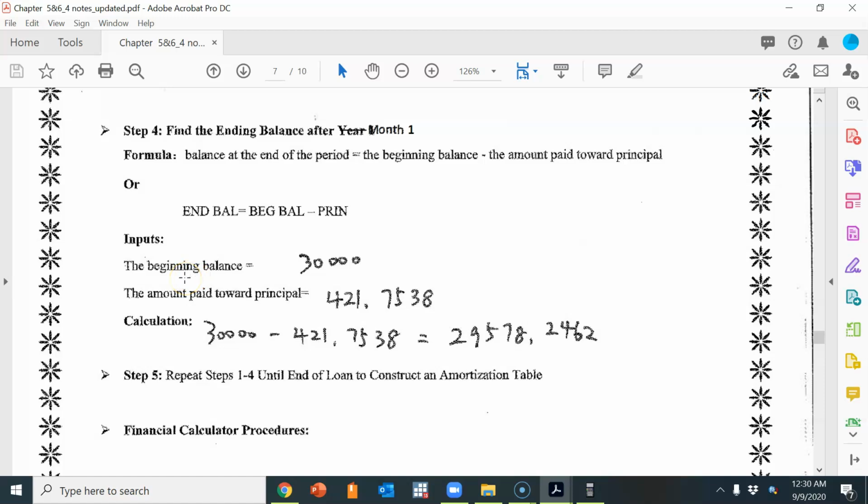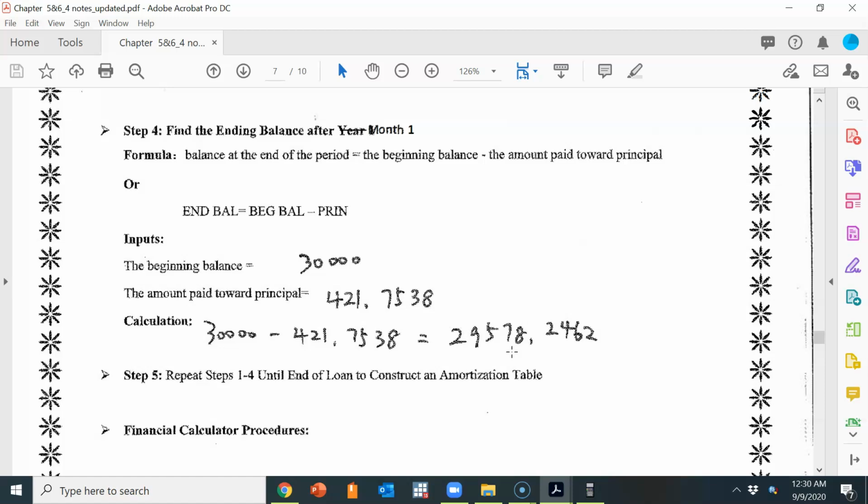We know the beginning balance in the first month is the original loan amount, 30,000. We minus the principal payment in the first month, 421. So we have 29,578 as the ending balance in the first month, which is also the beginning balance of the second month.